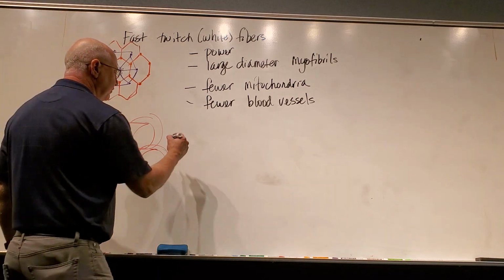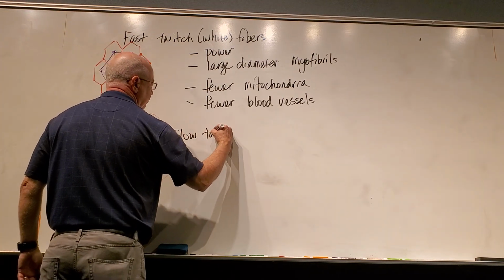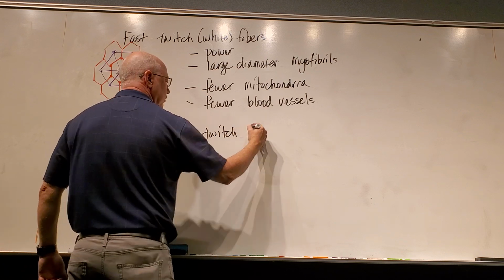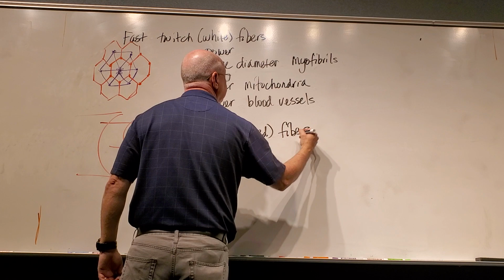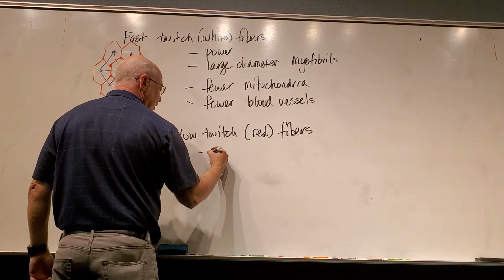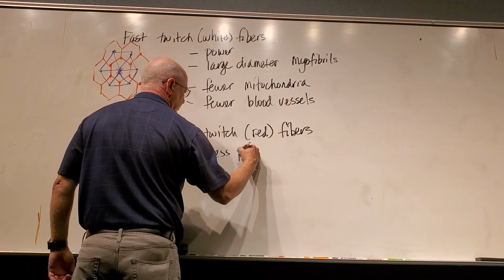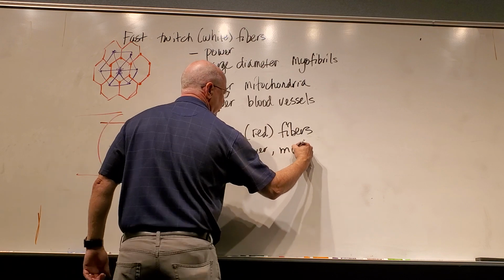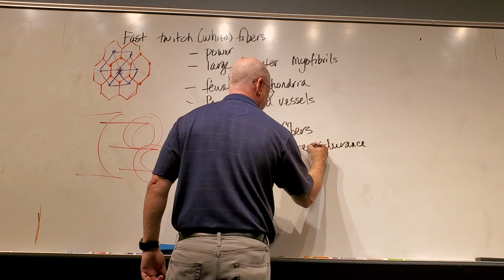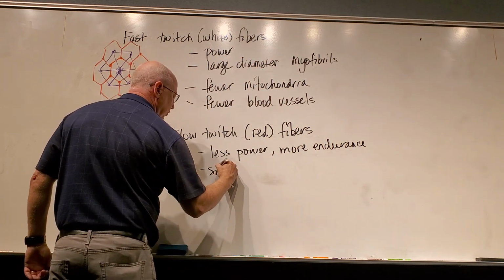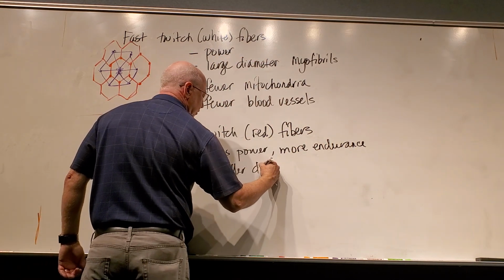The exact opposite of that would be slow twitch fibers, and we sometimes refer to these as red fibers. What we know is that they have less power, more endurance. They have smaller diameter myofibrils.